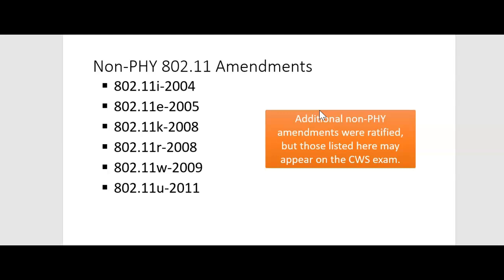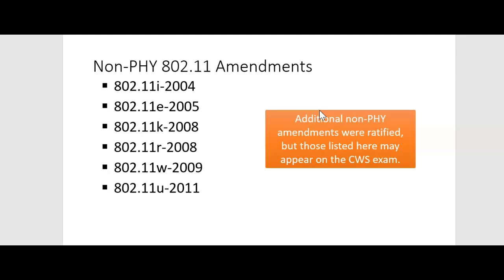Now the 802.11e 2005 introduced probabilistic quality of service, which allowed us to change priority of traffic based on the application that was being run. So streaming videos and things of that nature, now we can adjust priorities on those. The 802.11k-2008 provided radio resource management for a wireless LAN.